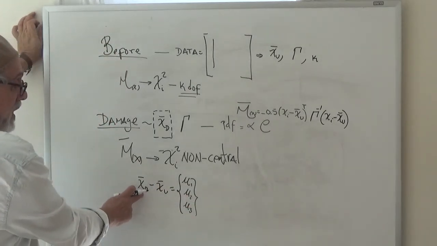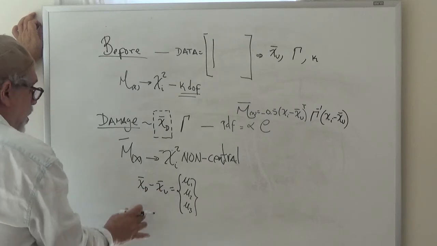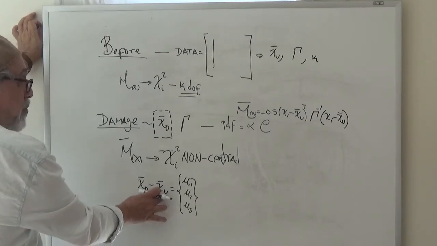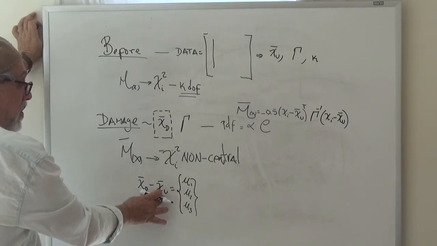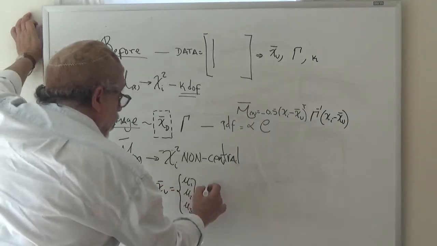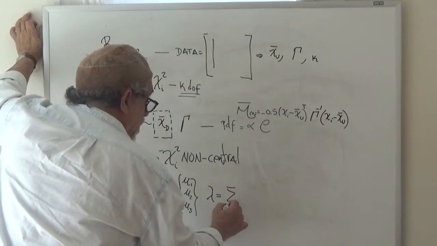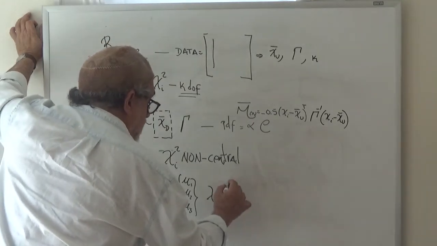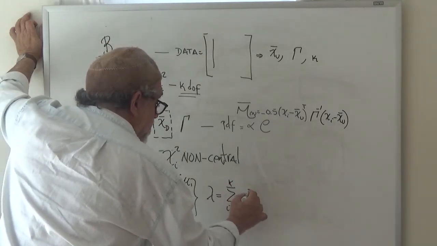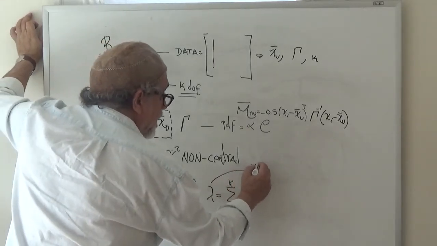Remember, I don't know these means, but I know they're different. So this subtraction here is something that gives some value. We define the parameter lambda as the summation of the u's from i equals 1 to k of ui squared. This is called the non-centrality parameter.